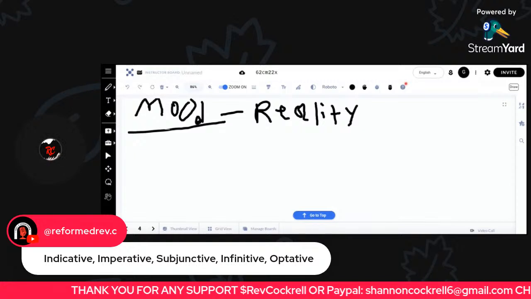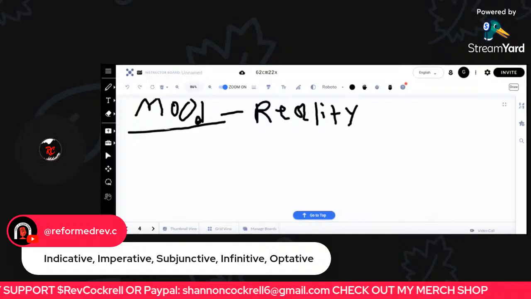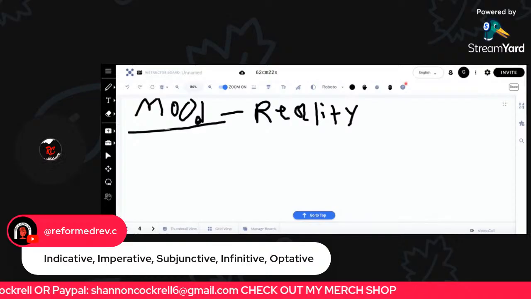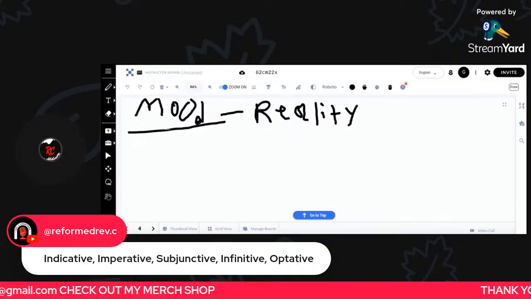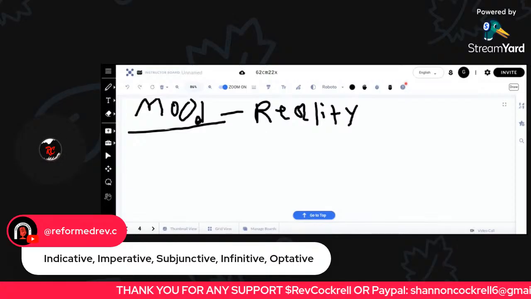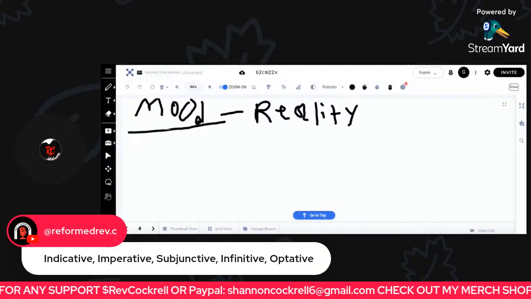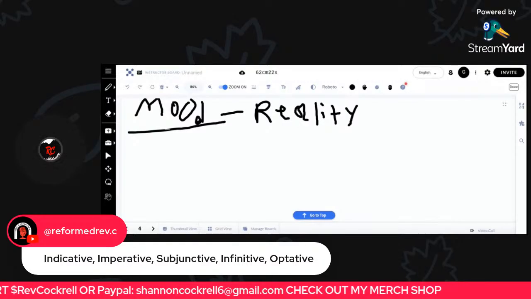So the indicative mood is the mood of reality, facts. We're dealing with truthfulness. It happened. Imperative is commands. Imperative is a command. Subjunctive deals with possibility, contingency.